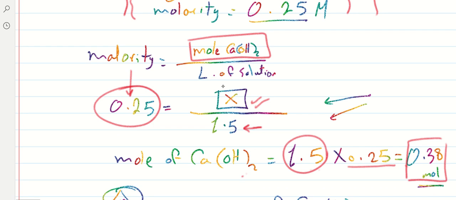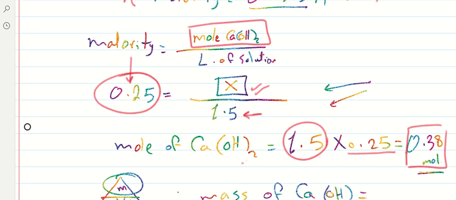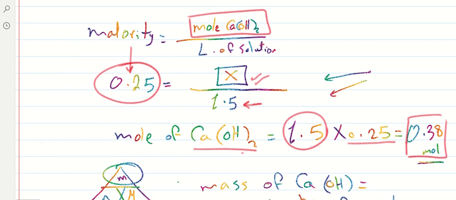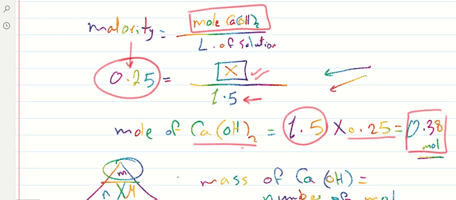So this is 0.38 mole, how many mole of calcium hydroxide. But the question doesn't want mole. The question wants mass in gram. So how to calculate mass in gram?